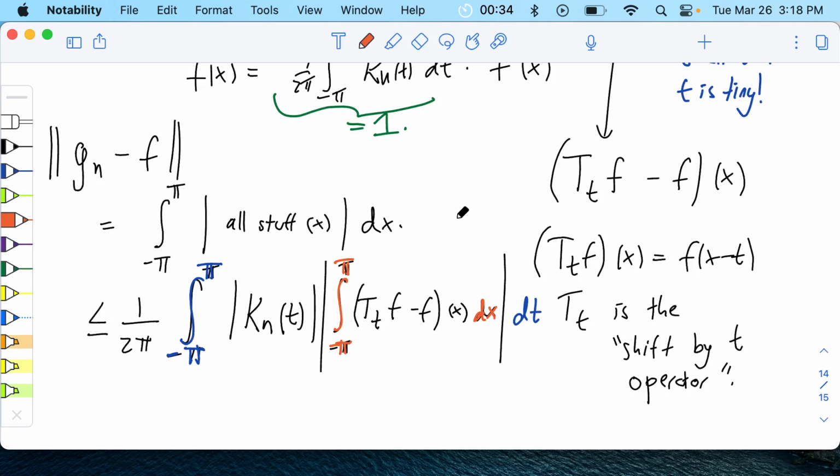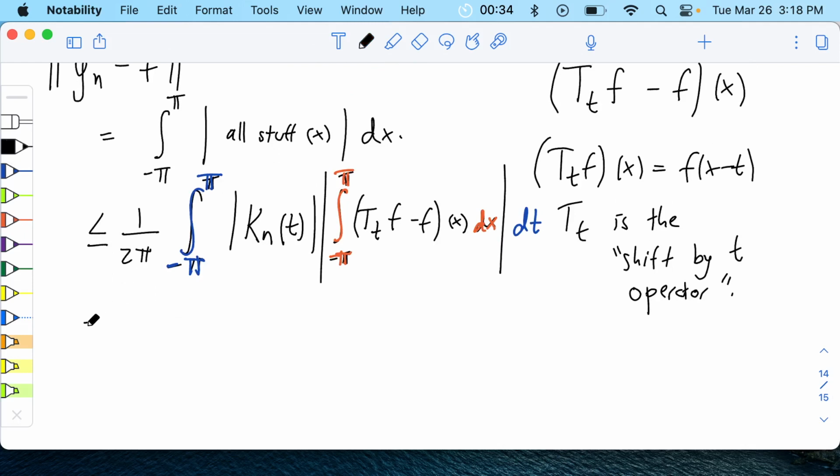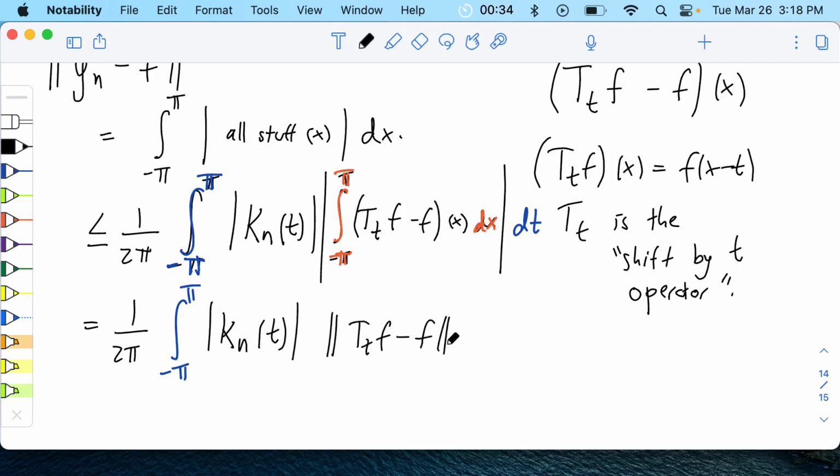And the reason I want to do it is because the thing in brackets here is a norm, and then I can just have one less integral. So then I have the integral of 1 over 2 pi, and then now I'm just back to integrating in t. Absolute value of kn of t. And then this thing is the norm of tt of f minus f dt.